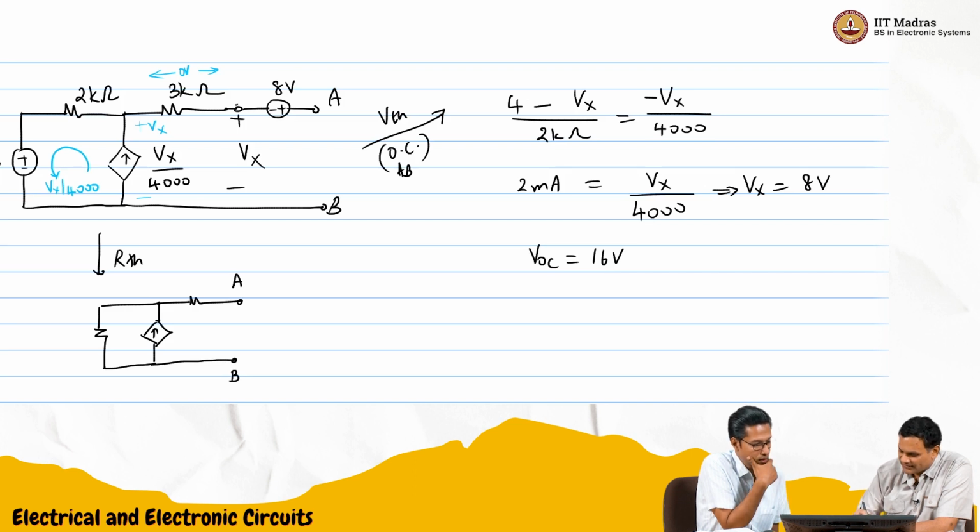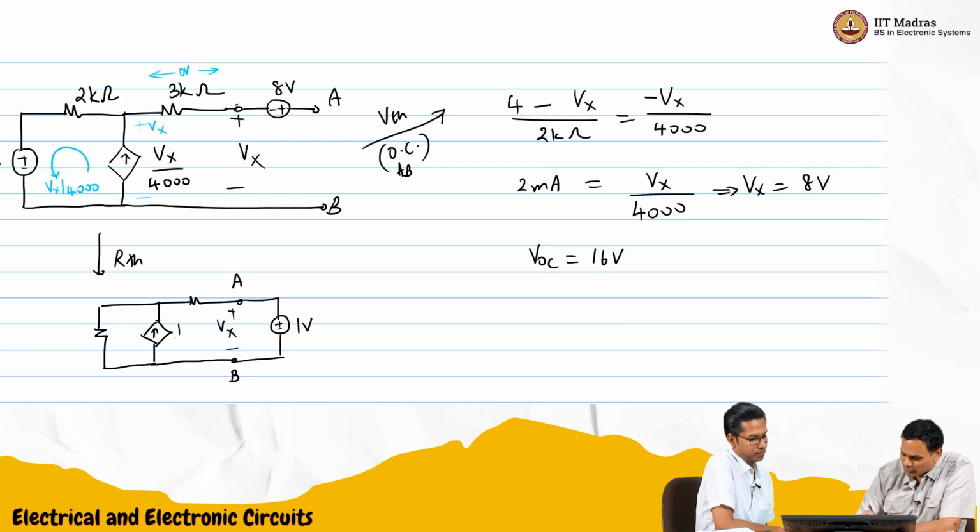Vx will still be marked, so we'll just mark Vx here. And now we can apply a voltage source, 1 volt. Vx is 1 volt, so this will just be 1 by 4000.